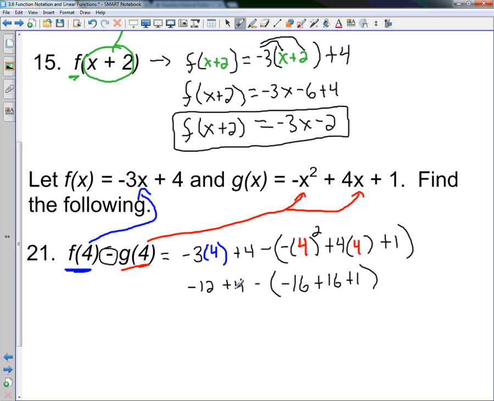Negative 12 plus 4 gives me negative 8 minus negative 16 plus 16 gives me 0, so I just have a 1 in there. Negative 8 minus 1 gives me negative 9. So this is f of 4 minus g of 4.